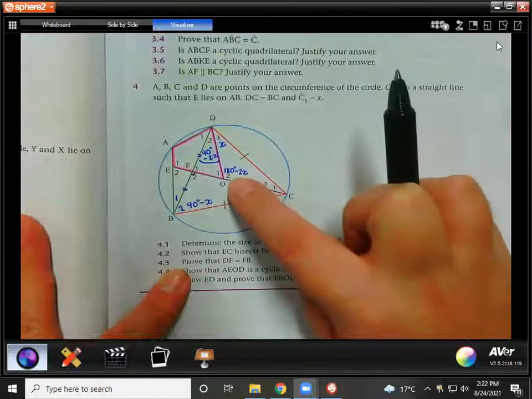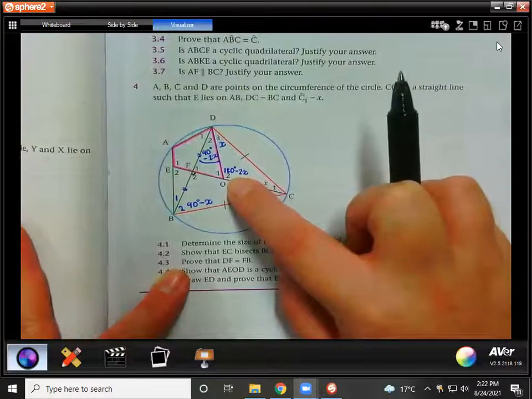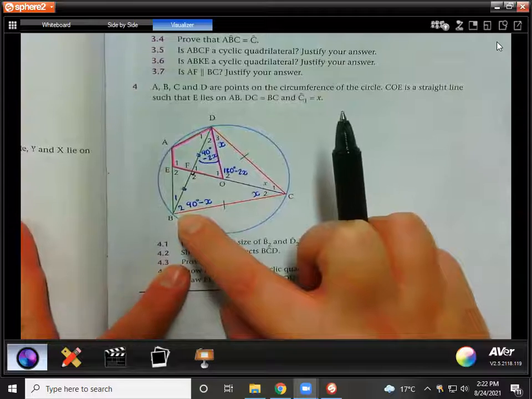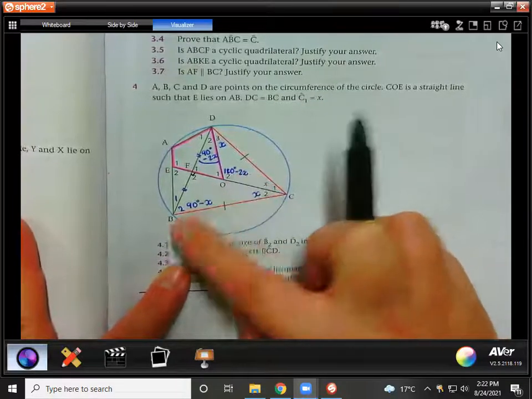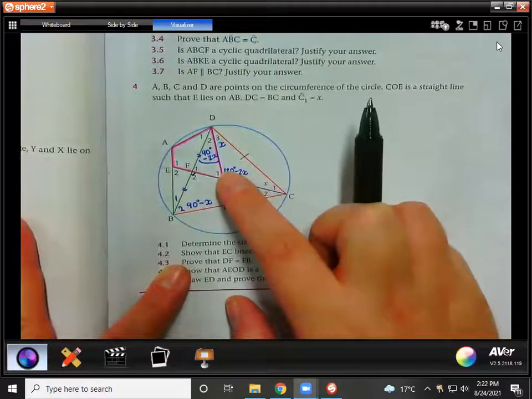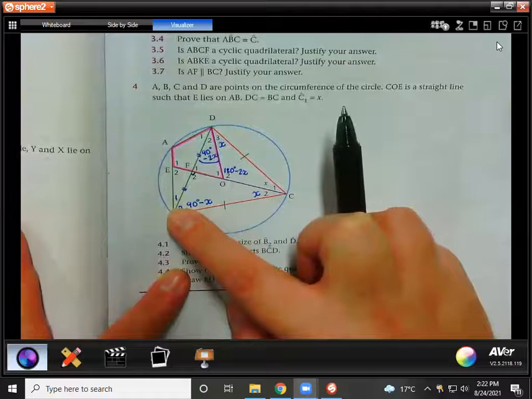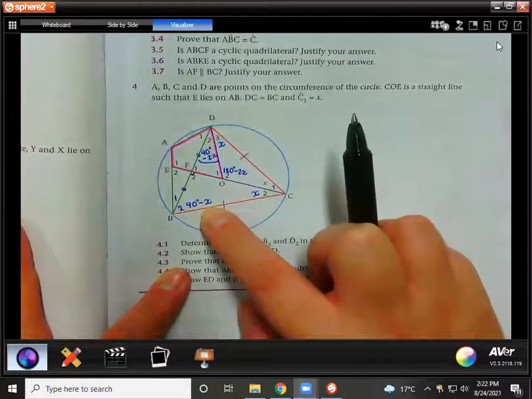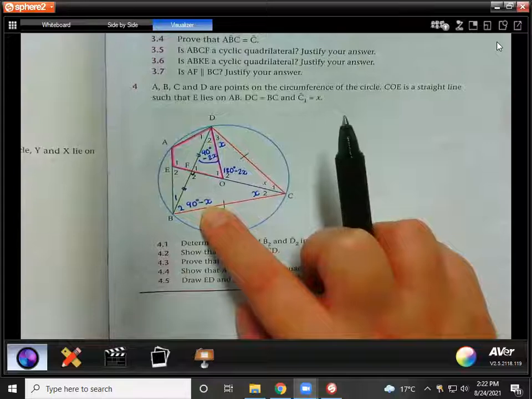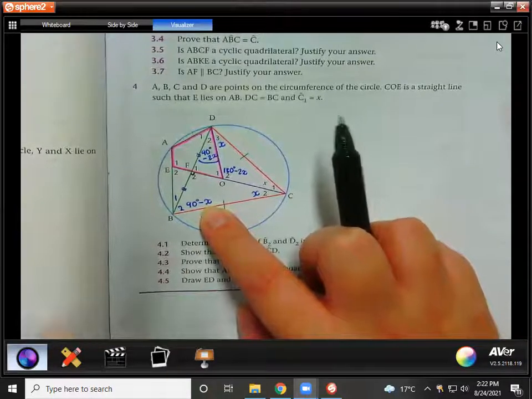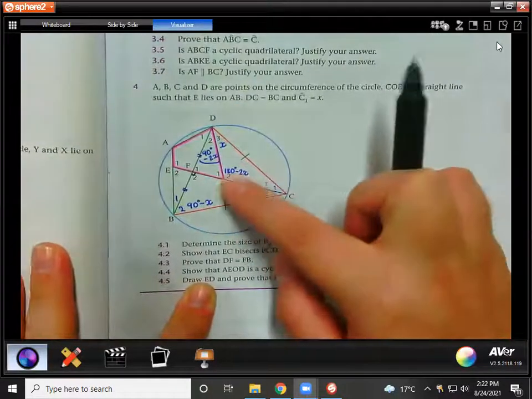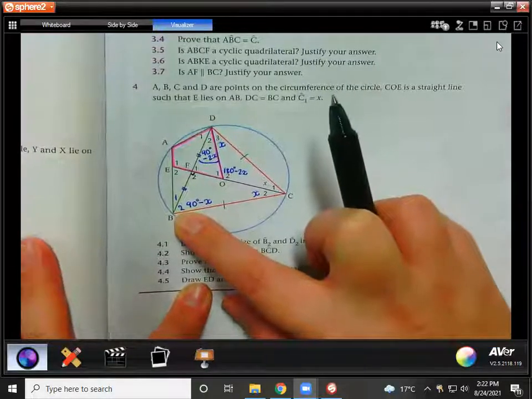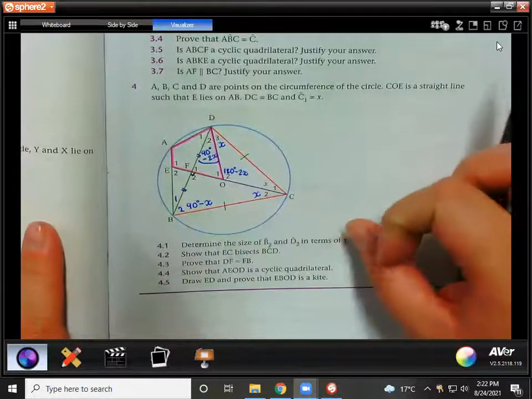So if O2, the angle at the center, is 180 minus 2X, B2, the angle at the circumference, is supposed to be half of that. Now, what is half of 180? 90. And then minus, what's half of 2X? X. All right, so that is how you were supposed to find 90 minus X. You actually had to work in this triangle to get the angle at the center and then use angle at center, that theorem, to get B2.